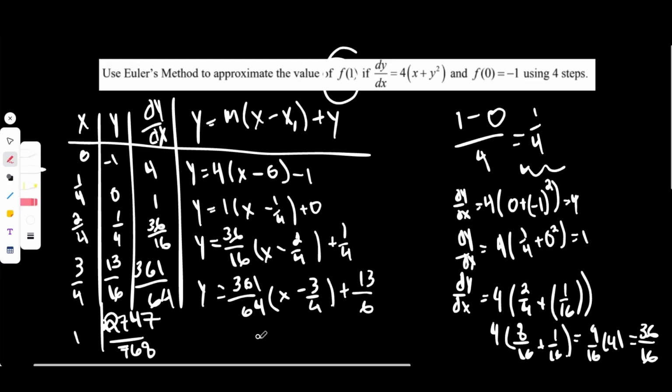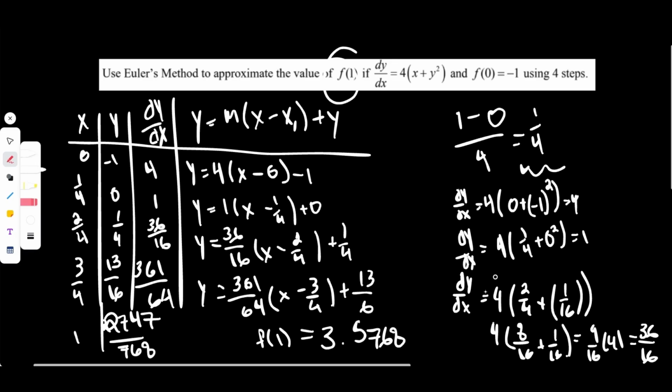So f of 1 is approximately, by simplifying into a decimal, 3.5768. And that's an approximation of what f of 1 is equal to using Euler's method with 4 steps.